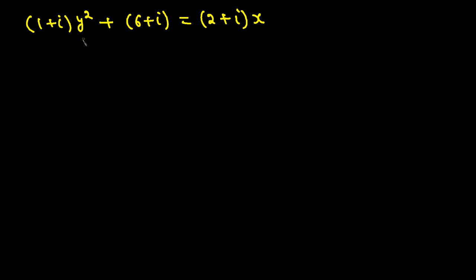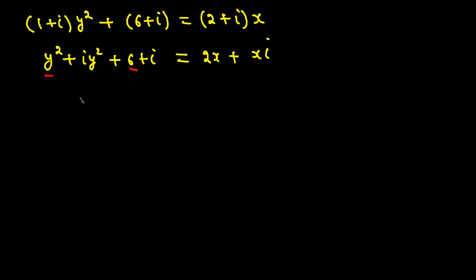Let's do it. So let's distribute this y square. So y square times 1 gives me y square plus iota y square plus 6 plus iota, and here we got 2x plus x iota. Okay, then we got this is a real value, this is real value.